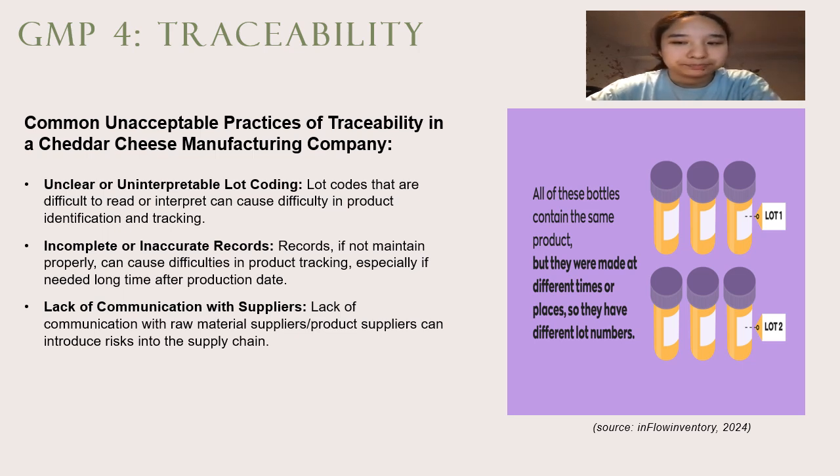For example, if the raw material has a lot number on it and you didn't communicate properly with the supplier to get the interpretation of the lot code, then you will have a hard time figuring out the date of manufacturing of that raw material, and hence you will have a hard time determining the correct shelf life to be used for that raw material.